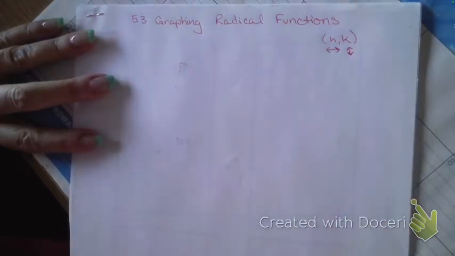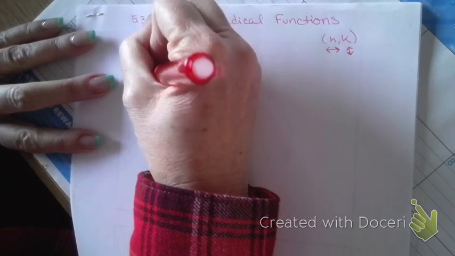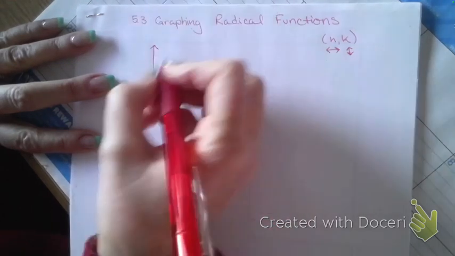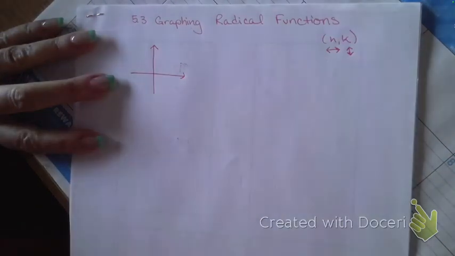We are going to graph square root functions, okay, but other roots would be exactly the same, just a different initial shape, okay? So the parent function of a square root, well, let's talk about it.